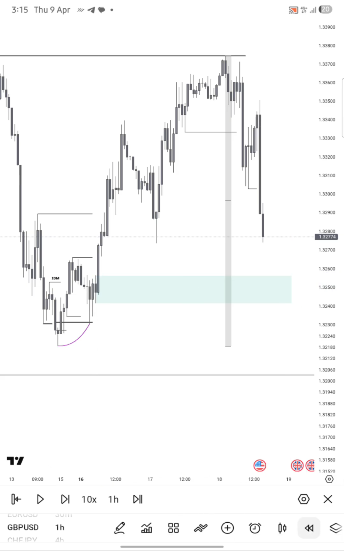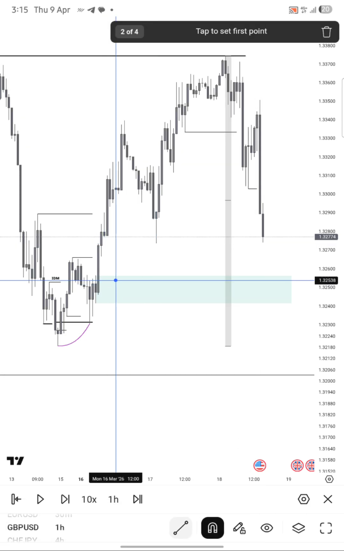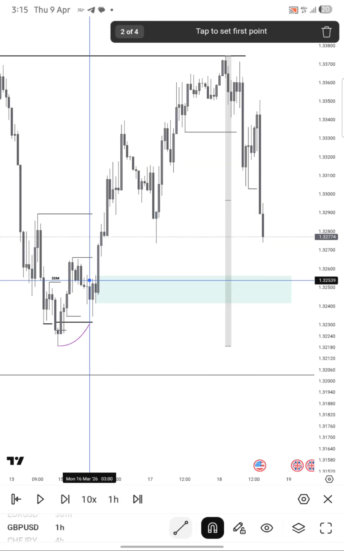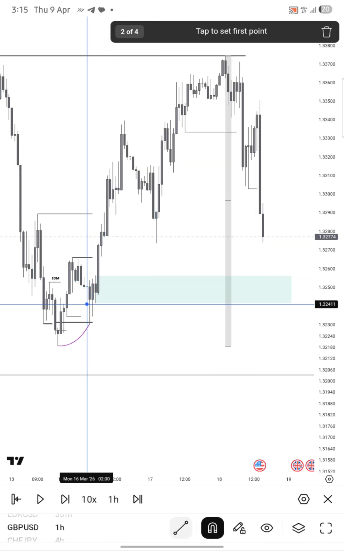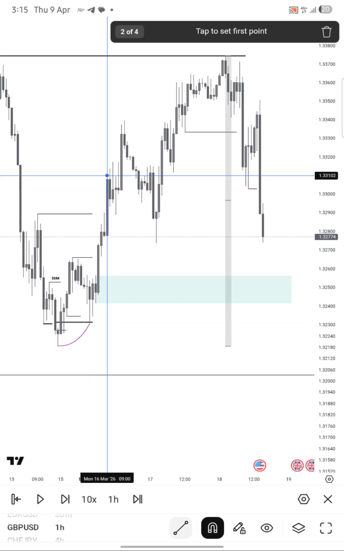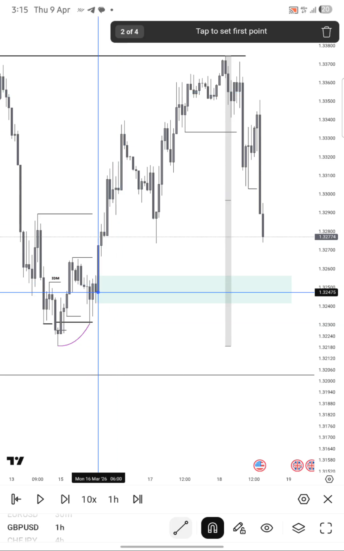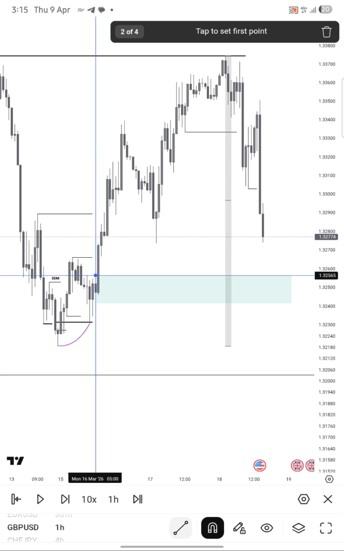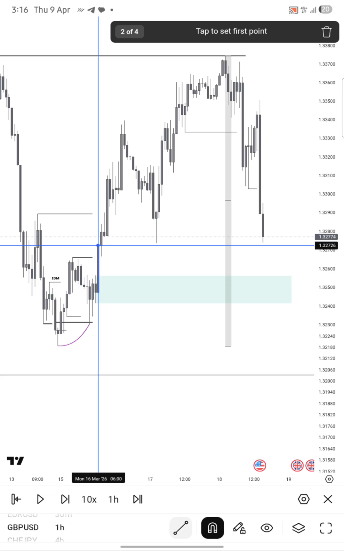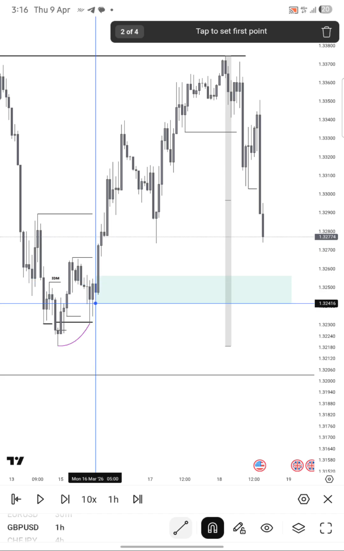Around this level, since the banks are interested in moving up, there is a sponsor which was put around this level, and it is shown as an order block like this.